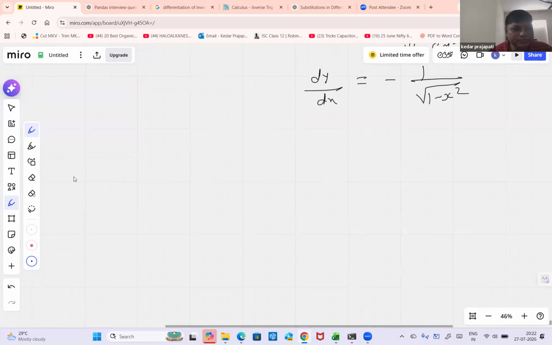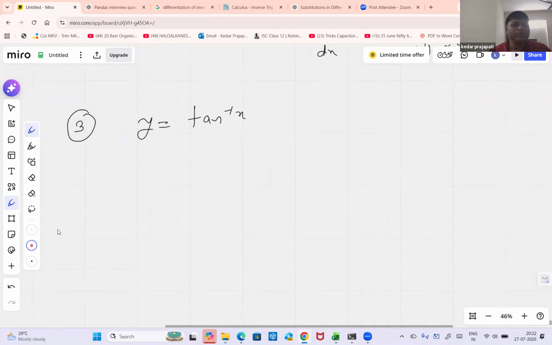So now we'll do for tan also. Let y equal to tan inverse x. So which implies, what we can write? Tan will come this side. So tan y is equal to x. Now differentiating with respect to x.